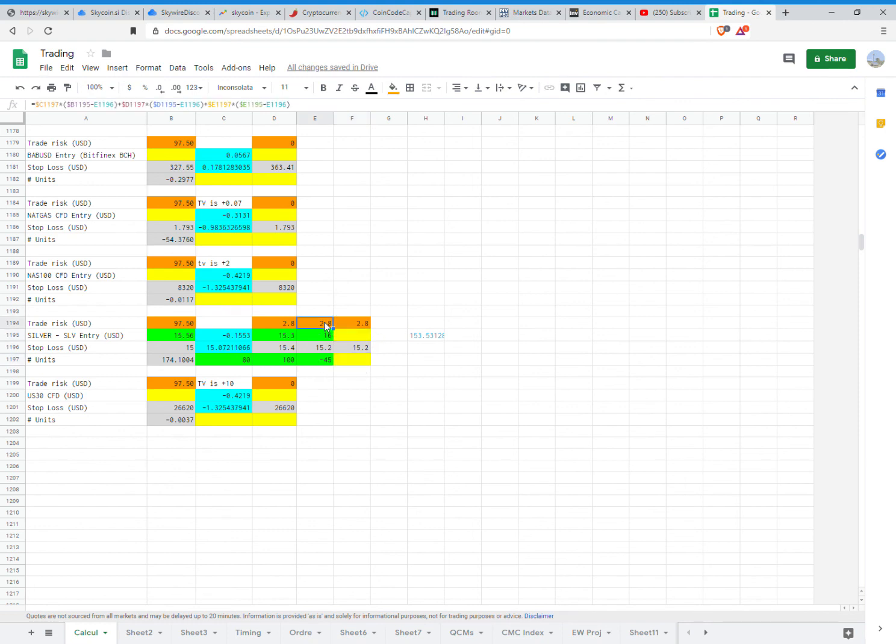What is key is not to forget that this cell needs plus this times parenthesis, this minus this, close parenthesis, and not forget the two dollar signs, and enter.